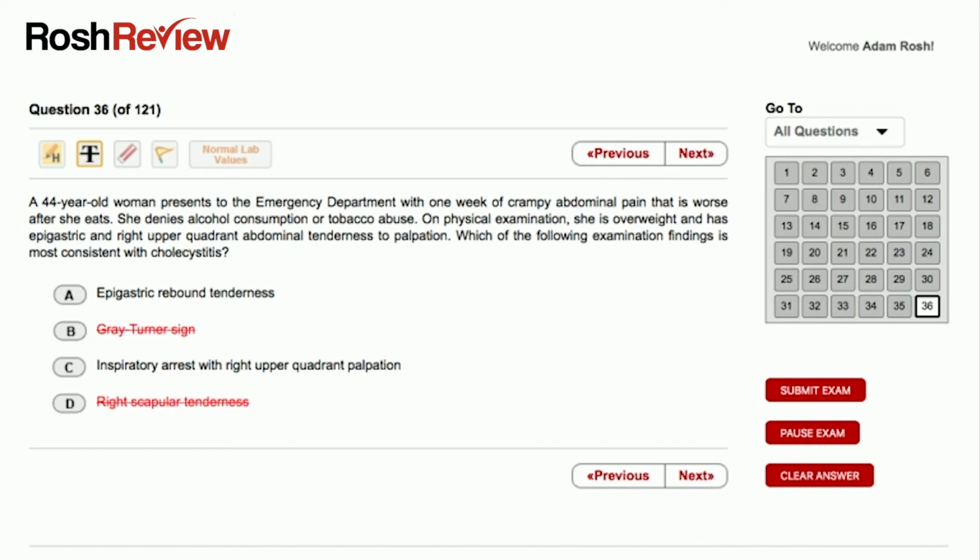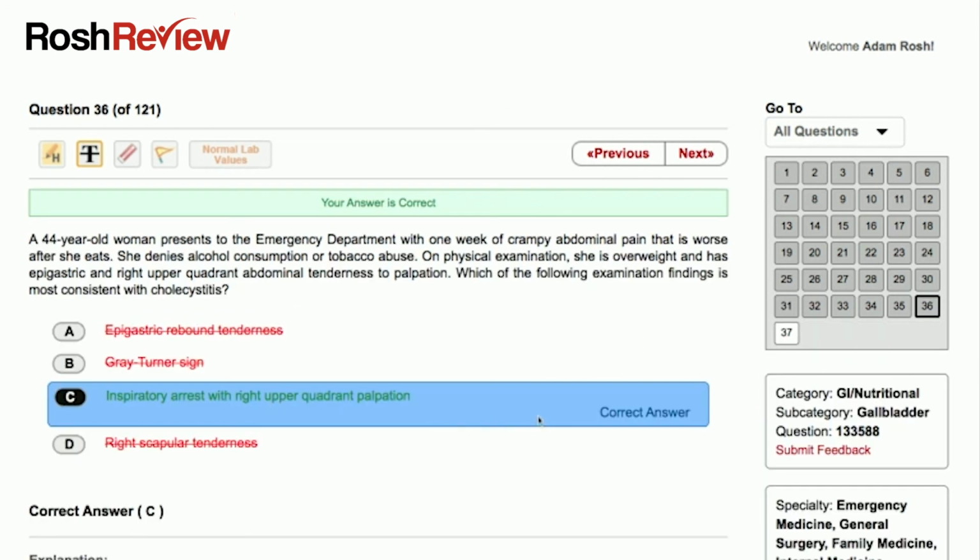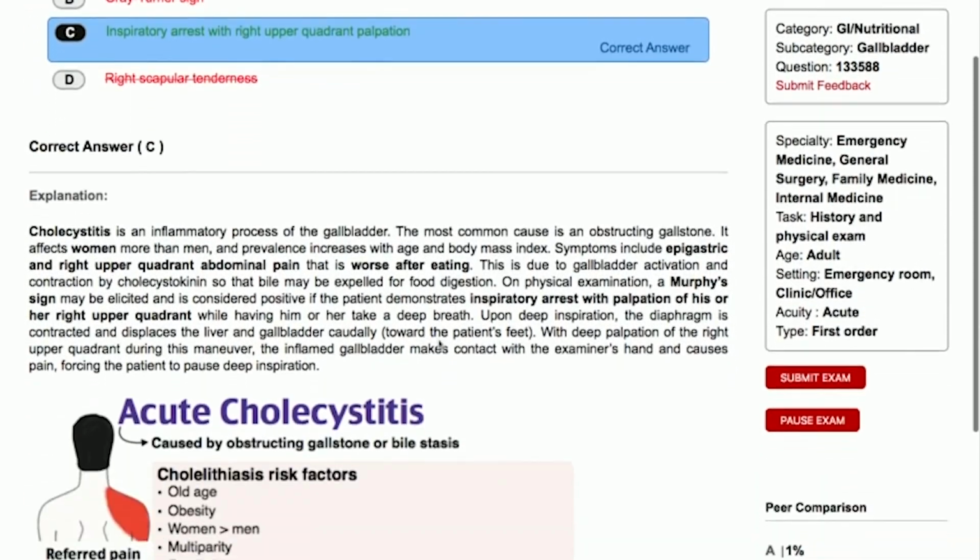So that is Murphy sign. And this is exactly what answer choice C is describing. So let's cross out answer choice A, epigastric rebound tenderness, which is most consistent with peritonitis, which is really non-specific. And that will leave us with answer choice C. And sure enough, that is the correct answer.